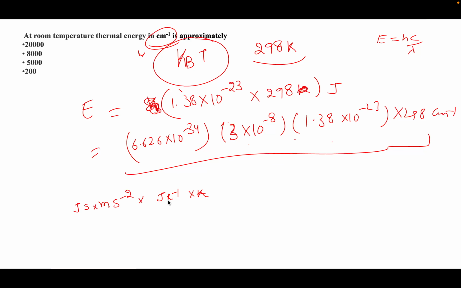So Kelvin cancels out. This would be per joule.